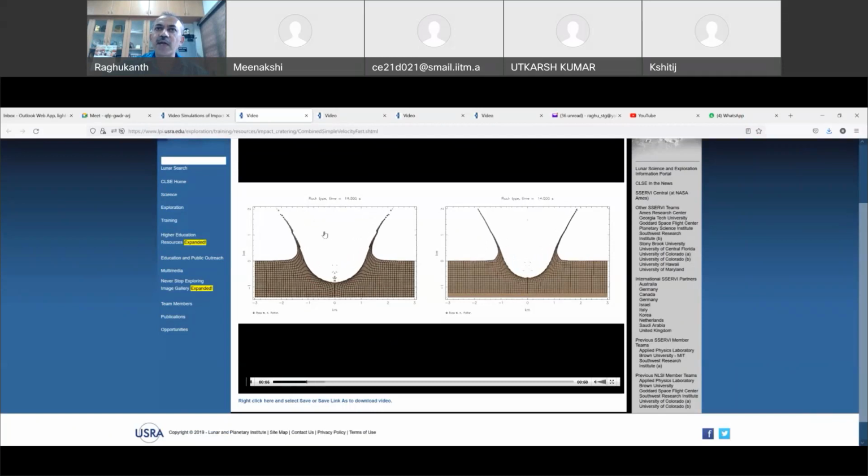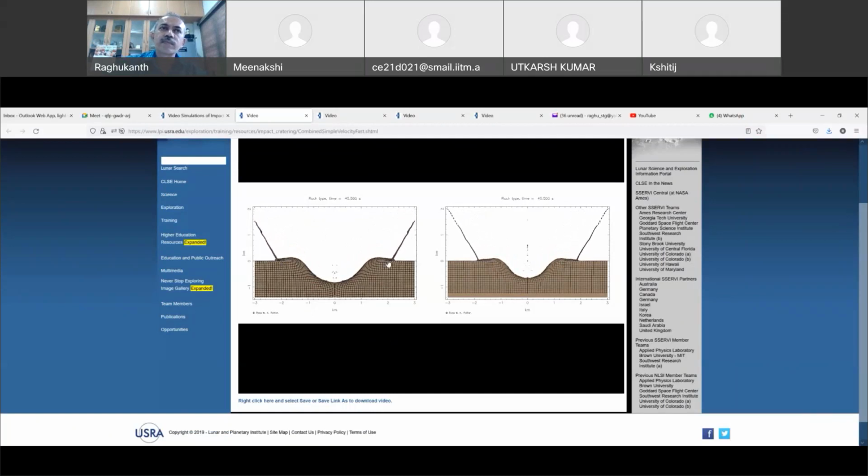The material just flies off, and the crater size, if you see, is huge. The whole thing finishes in just 1 minute or so, because these are very high impact velocities.